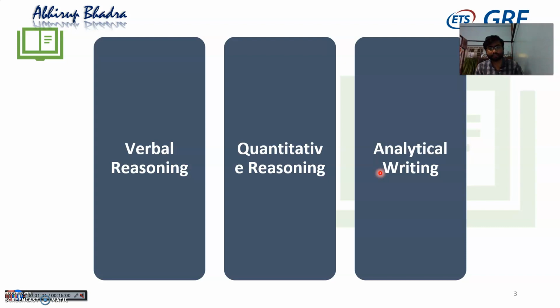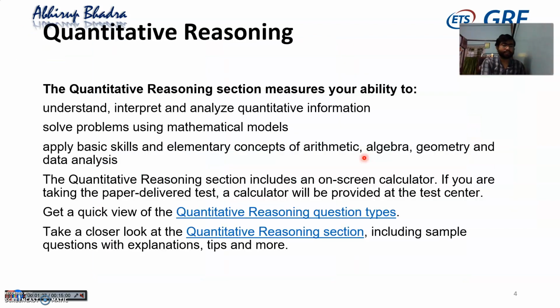Each GRE is formed of three sections: verbal reasoning, quantitative reasoning, and analytical writing. The quantitative reasoning section will evaluate your mathematical ability, with mathematical model based questions. For some questions there might be on-screen calculators.